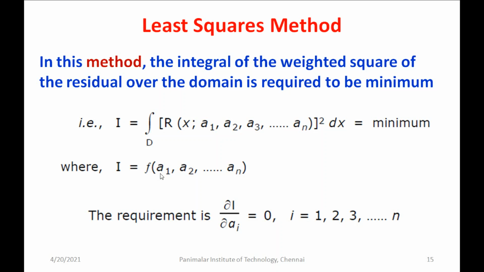That integration will be taken as a functional. Then that functional will be differentiated with respect to the unknowns, which will give you as many simultaneous equations as there are unknowns. On solving those simultaneous equations, we will get the solution for a1 and a2. Okay, now coming to the present example.